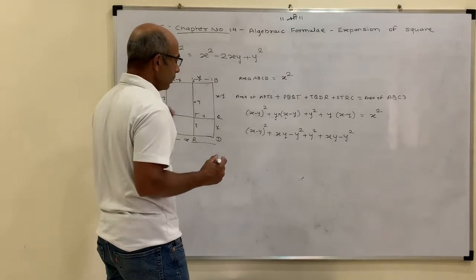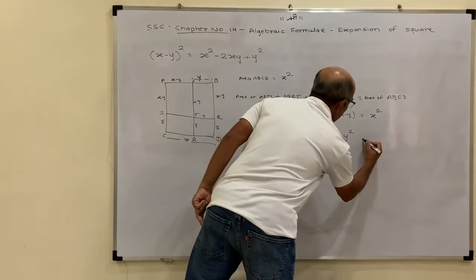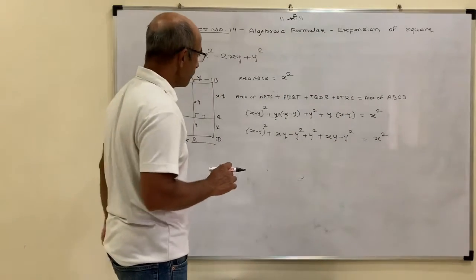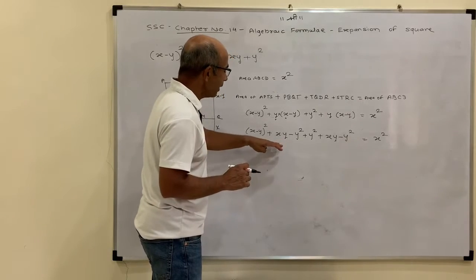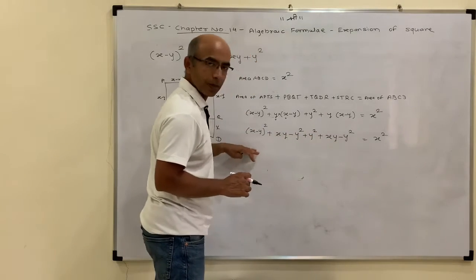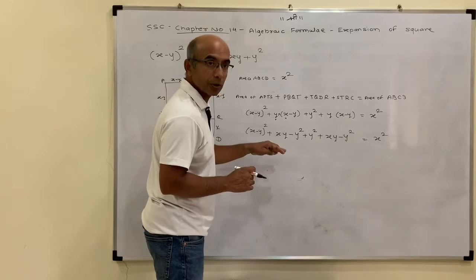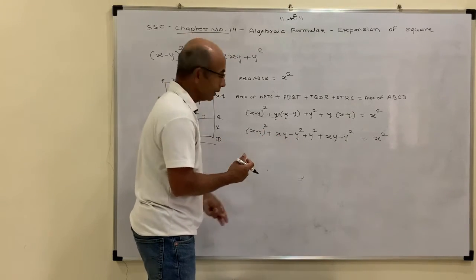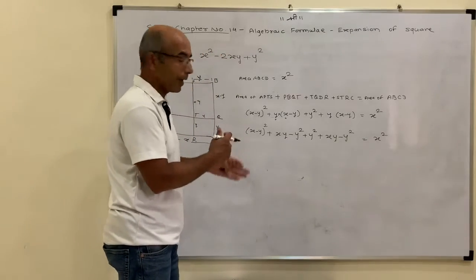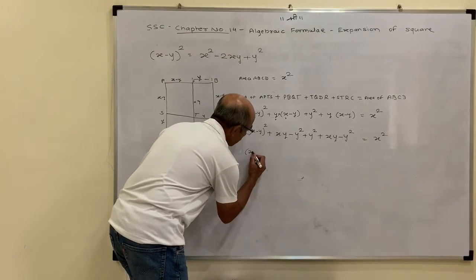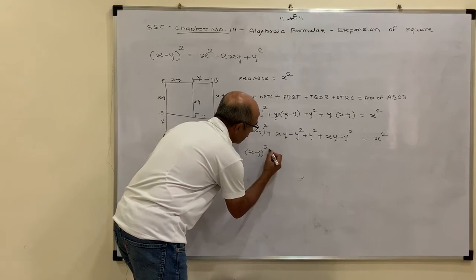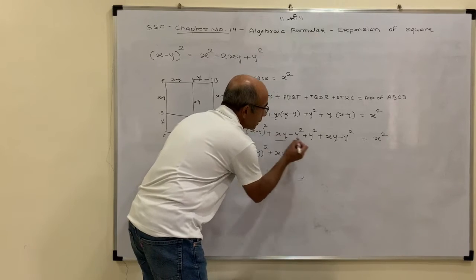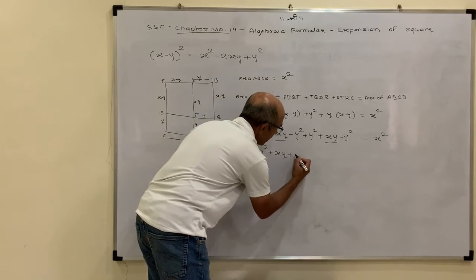And all this is equal to X square. So now I'm rearranging this, putting the identical terms one after another, the way we learn in algebraic expressions. So I keep X minus Y square as it is, XY, then plus XY.